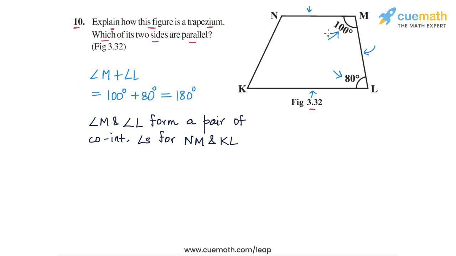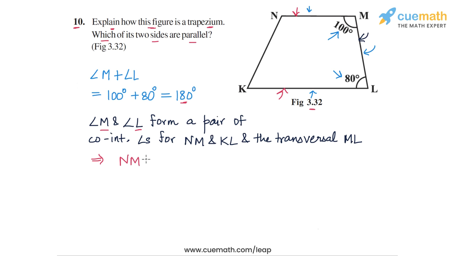Which are these two lines? NM is this line here and KL is this segment here. So NM and KL, and the transversal in this case is the segment ML. So we have M and L being supplementary and forming a pair of co-interior angles, and this means that the two lines must be parallel.